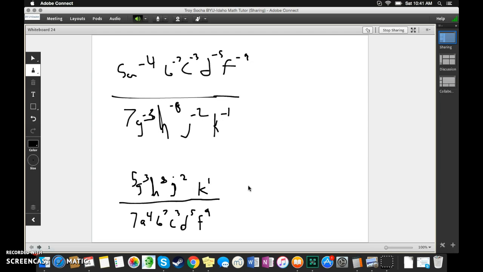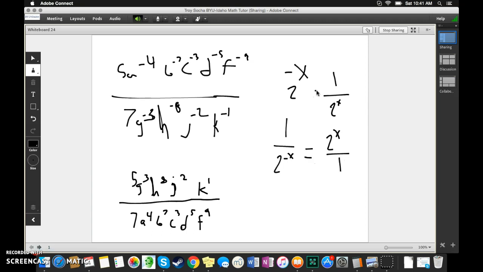So this problem, although it doesn't have an answer in the book, the answer is this. Because with negative exponents, 2 to the negative x will always be 1 over 2 to the x, and 1 over 2 to the negative x will always be 2 to the x over 1.